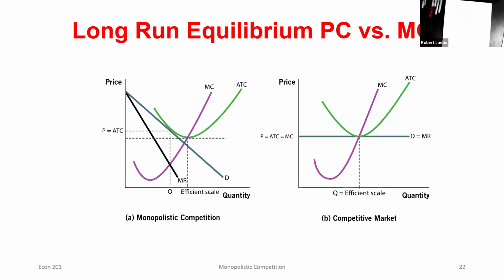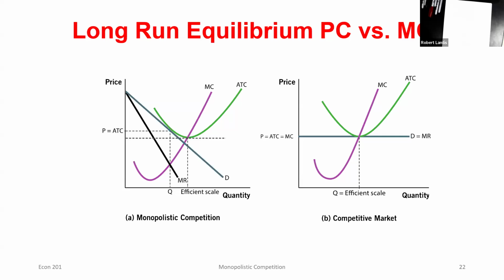So the efficient point for society, or the efficient point for this market, you would say, is where per unit costs are at their lowest. What are per unit costs? My average total costs. So we said a perfectly competitive market will get to the lowest possible per unit cost in the long run. We're going to end up at that minimum point.